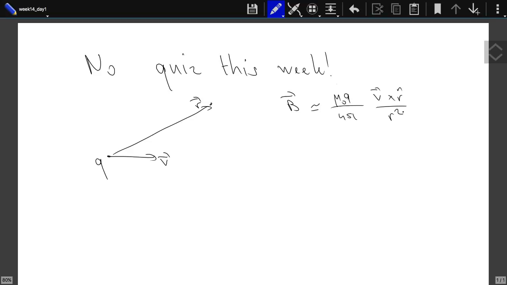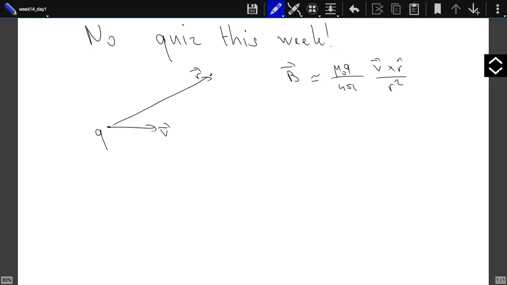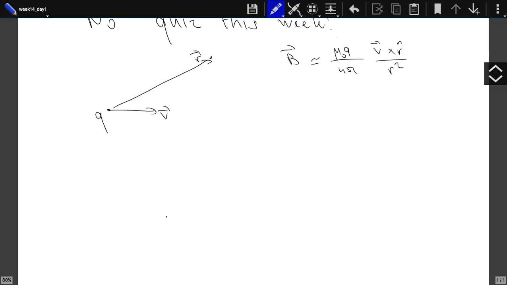And we had also said that if this is the case, for example, we assume that there were two charges, each moving with some different velocities relative to each other. And then we had seen the magnetic forces that they exert on each other.